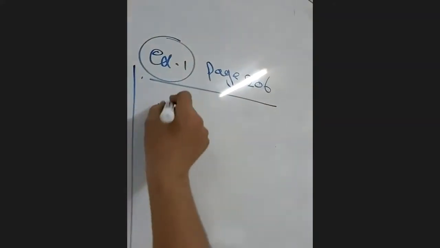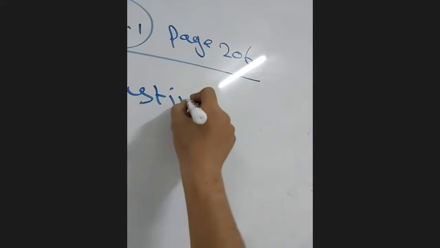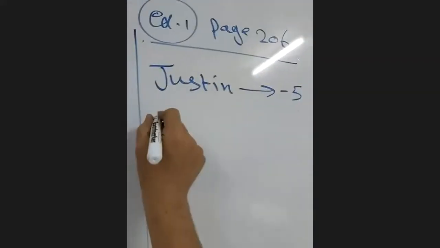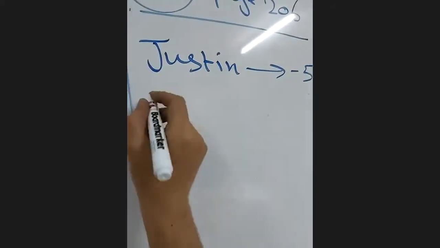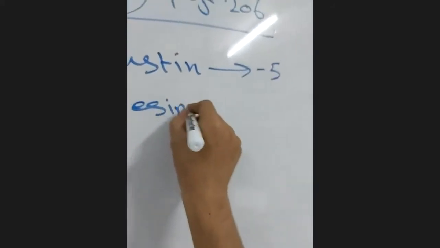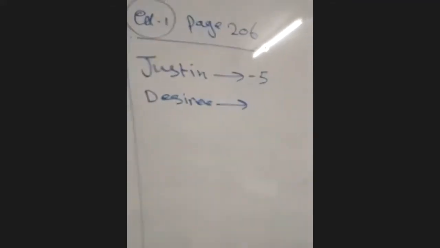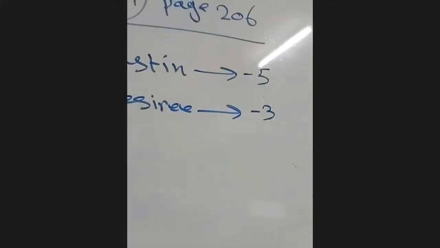So Justin scored how much? -5 on the trivia game. And Desiree scored -3. Who will win?